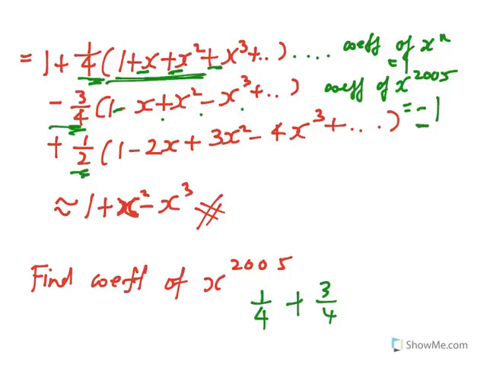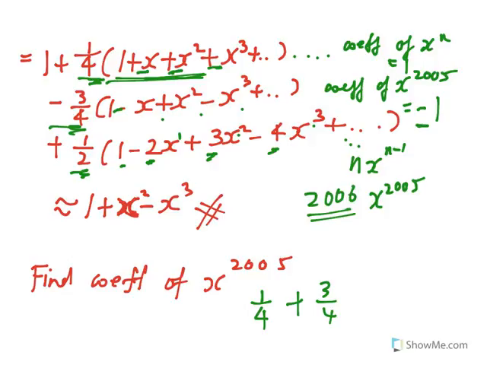How about the last one? You have half, then 1, 2 with x power 1, 3 with x power 2, 4 with x power 3. So you have something like n times x to the power of n minus 1. For x to the power of 2005, you get 2006. So over here you have half multiplied by 2006. Oh sorry, one more thing: you must consider the negative sign.